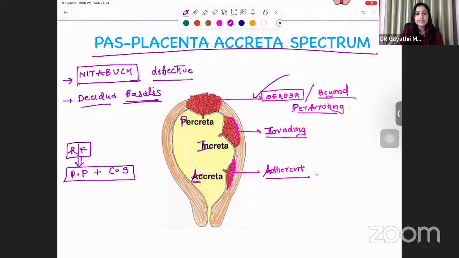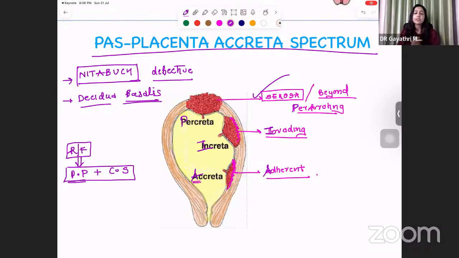As the number of cesarean sections increases, the risk of developing placenta accreta spectrum increases as well. So again, the most important risk factor is previous cesarean section associated with placenta previa. So what will you do for such a patient?